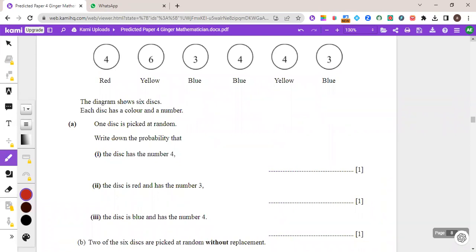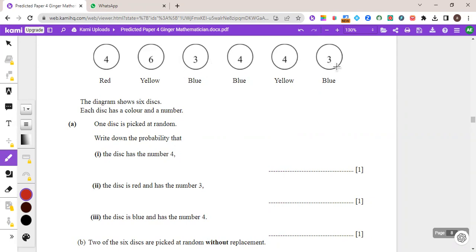Each diagram shows 6 discs. Each disc has a color and a number. One disc is picked at random. Write down the probability that the disc has the number 4. So each disc has a color and a number: this disc has number 4 and its color is red, this disc's color is yellow and its number is 6, and so on. For example, how many threes do I have? 2 threes.